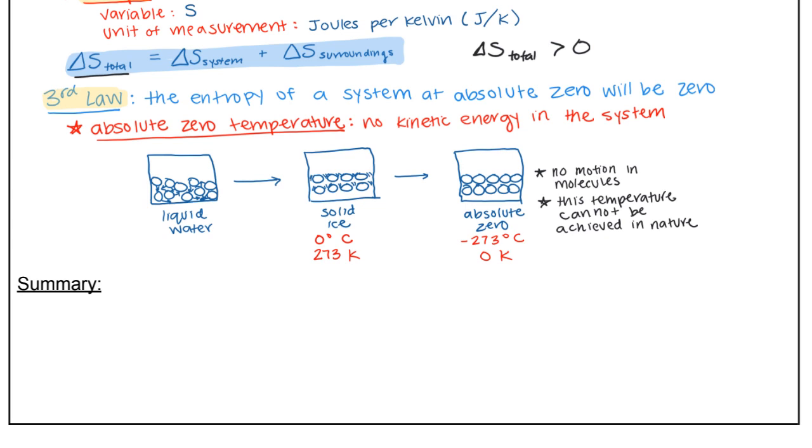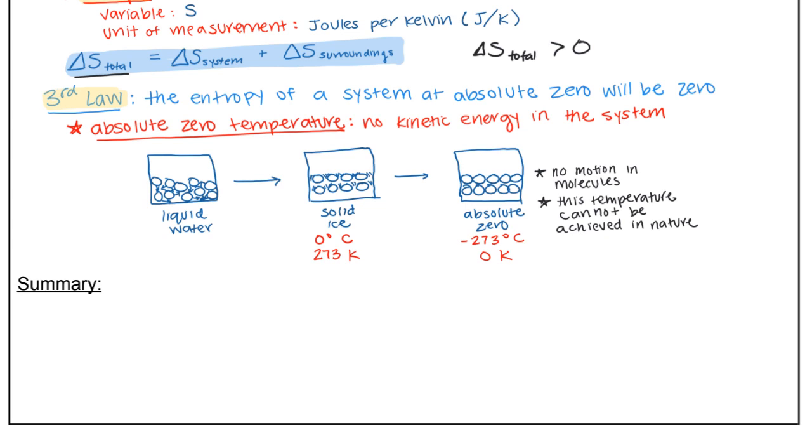Now I want you to picture these tiny particles of ice with absolutely no motion. This is when we reach absolute zero, when these particles cannot move, they have zero kinetic energy. That is this concept of absolute zero. Now, we have estimated this cannot be achieved in nature.